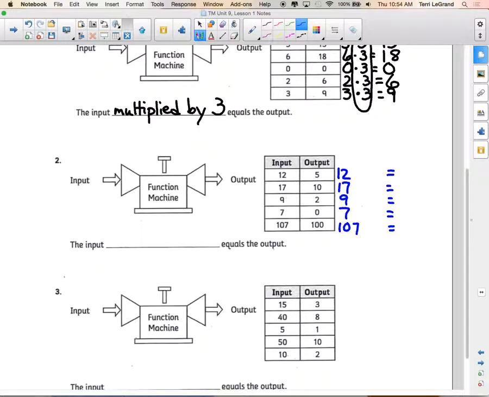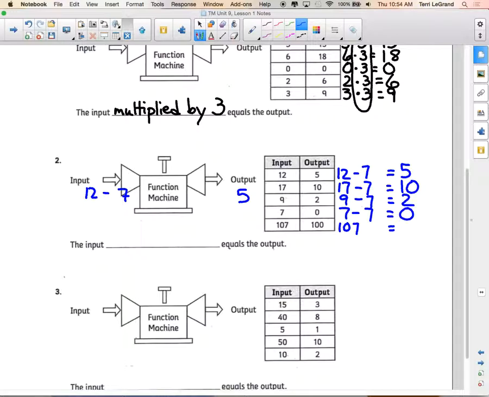So when we stick 12 into this function machine, before we stick it in, we gotta say, what are we gonna do to it so that we get the output of 5? We have to subtract 7, you think. Let's try it. 12 subtract 7, that's 5. 17 subtract 7, what's that? 10. 9 subtract 7, what's that? 2. 7 subtract 7, what's that? 0.